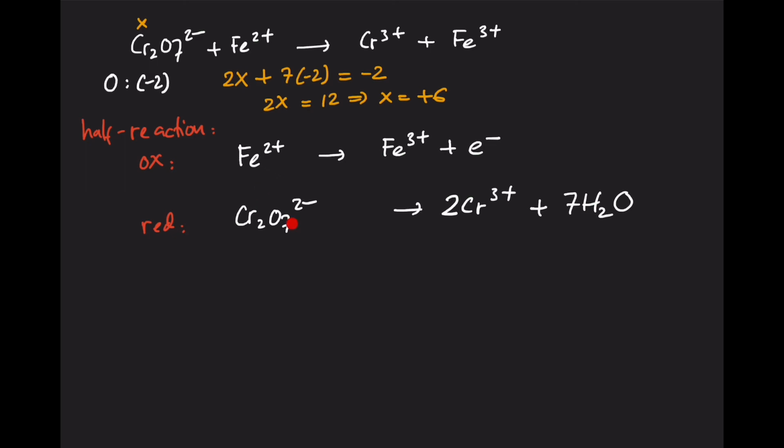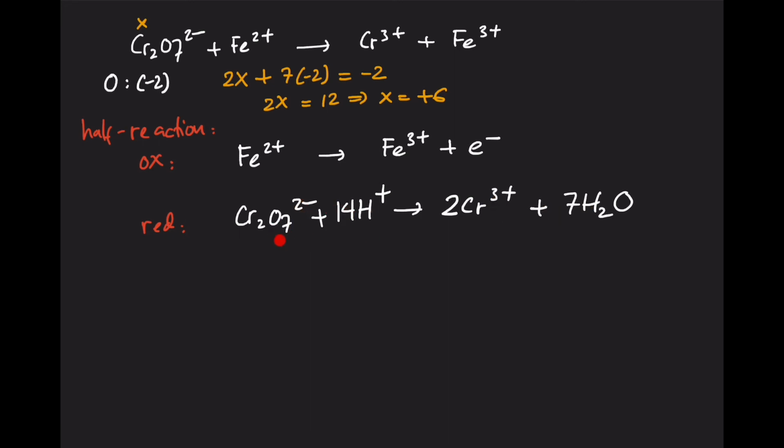We don't have any hydrogen at the left side. Meanwhile, we have 14 hydrogen at the right side. And in this case, we will balance this by adding the suitable amount of H+, which is 14H+.